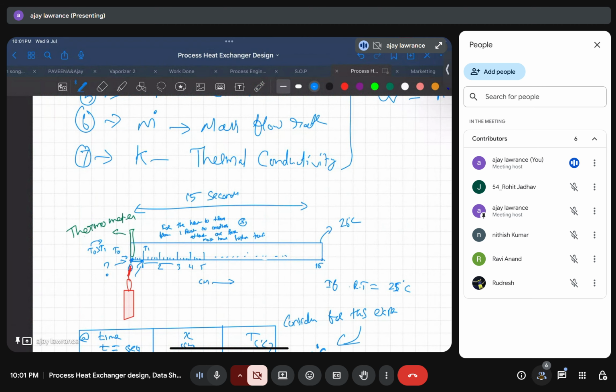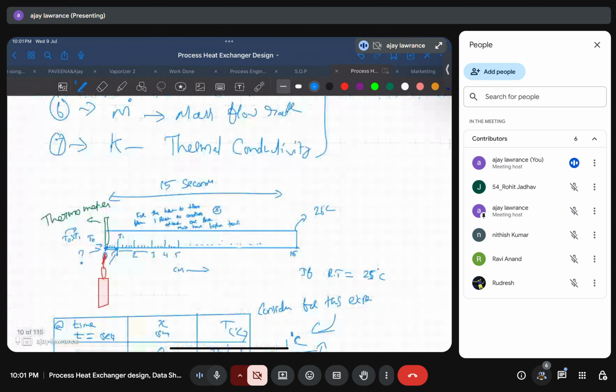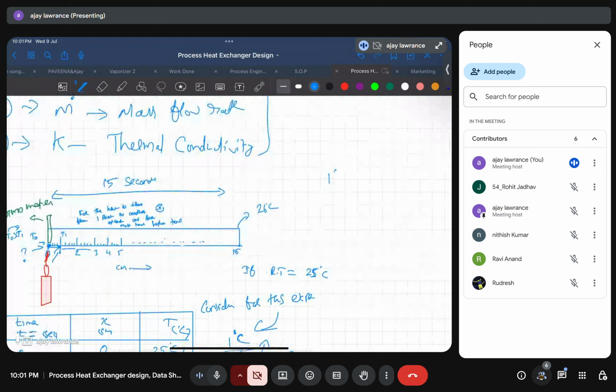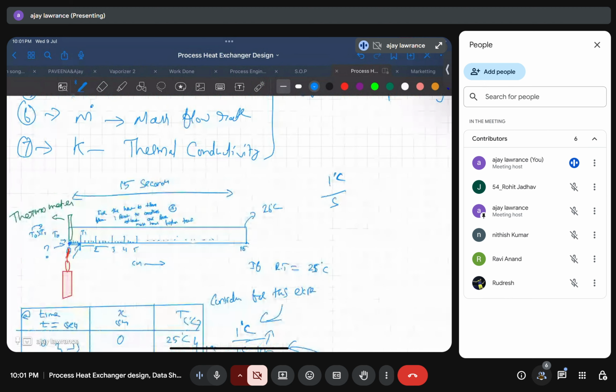So what is the rate of heat transfer here between this point and this point? The rate of heat transfer will be 1 degree Celsius per second. This is the rate of heat transfer, or you can say rate of increase in temperature. You can say like that also.